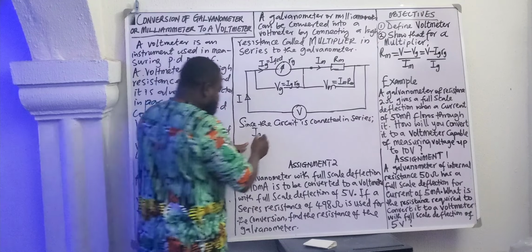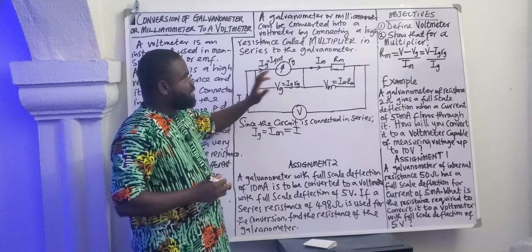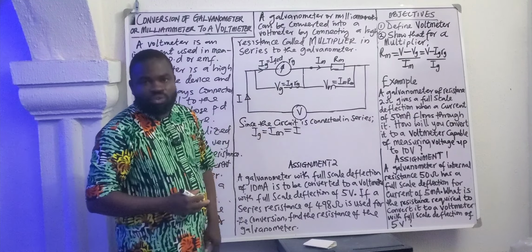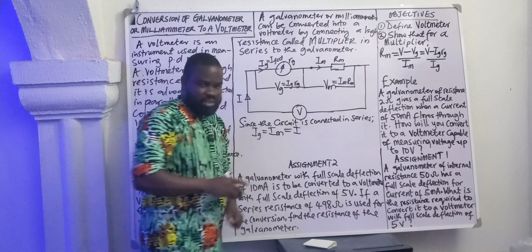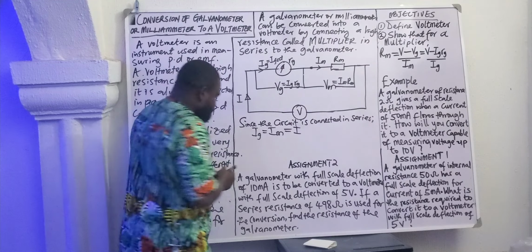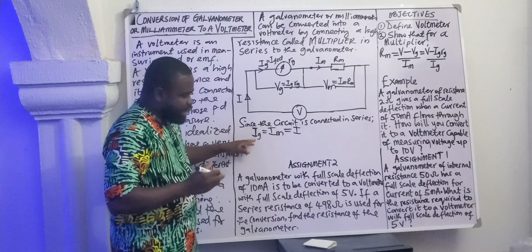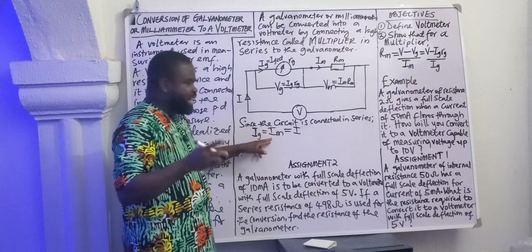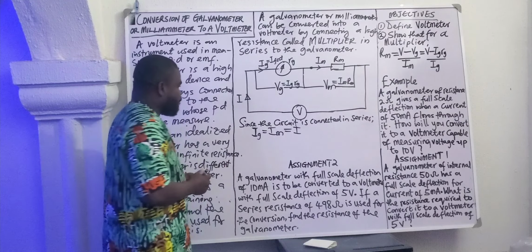Both of them are equal to I. So in questions that concern converting a galvanometer to a voltmeter, only one current is given. That current is the same for all the components in that circuit. So take note of it. So in the final formula, I can use Ig, I can use Im, I can use I. The choice is mine.